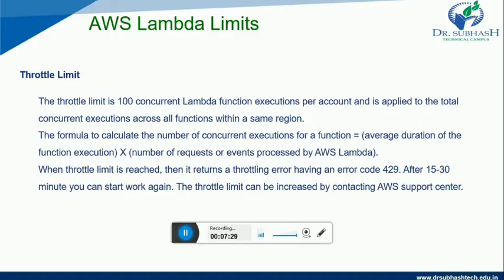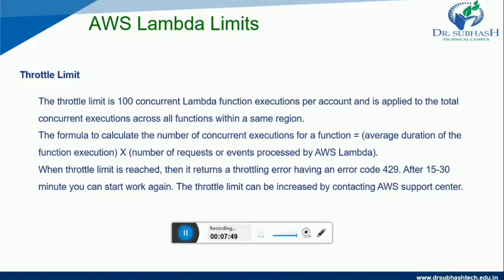The formula to calculate the number of concurrent executions for a function is the average duration of the function execution multiplied by the number of requests or events processed by the AWS Lambda function.